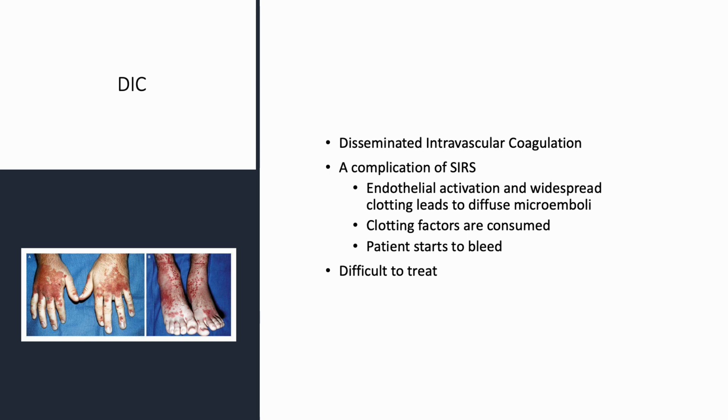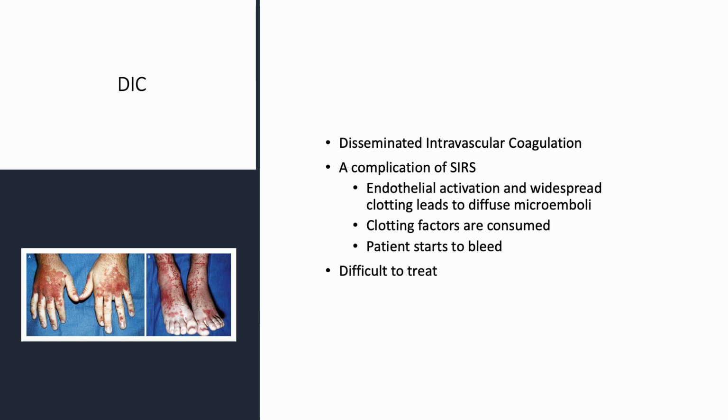So here's how it develops. The endothelial activation by the inflammatory response in SIRS causes an abnormal clotting process. This activation then leads to the formation of small clots or microemboli throughout the blood vessels, especially in the microcirculation.